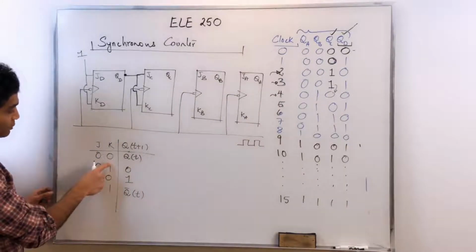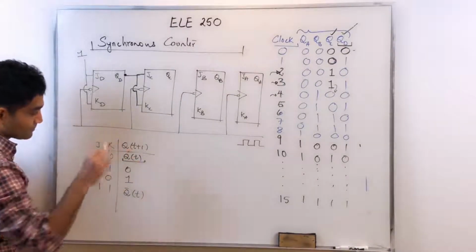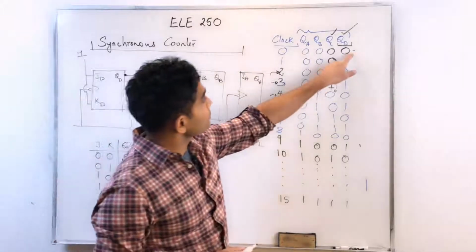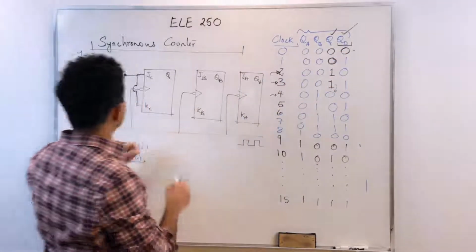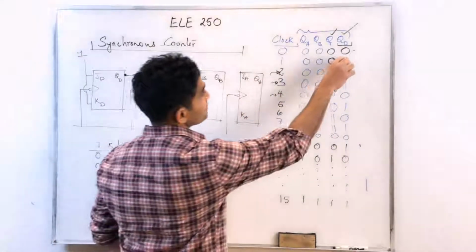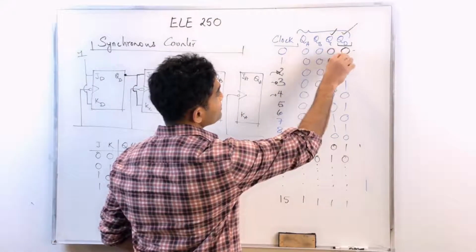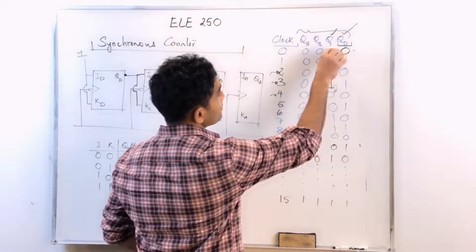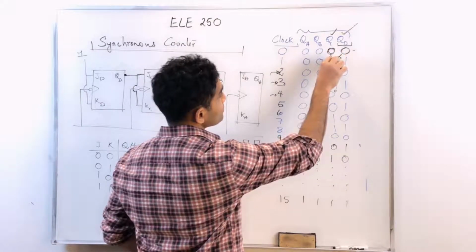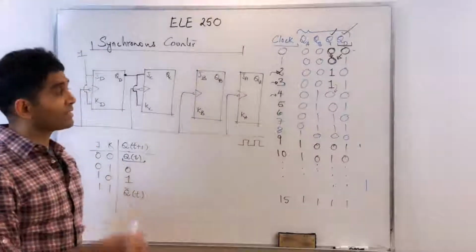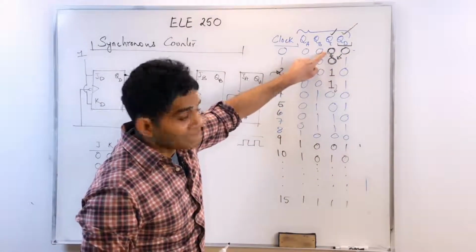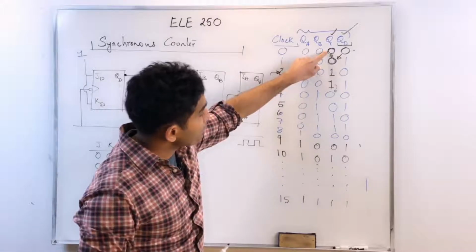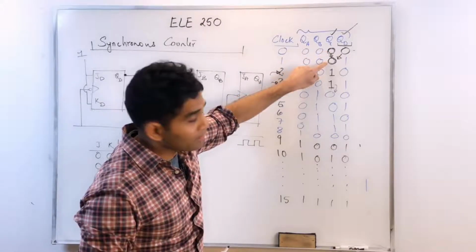J and K both zeros corresponds to the memory state, right? So I'm placing this in the memory state. That means in the next active edge, my previous value of QC remains as 0, because it's in the memory state, so it keeps the same value.